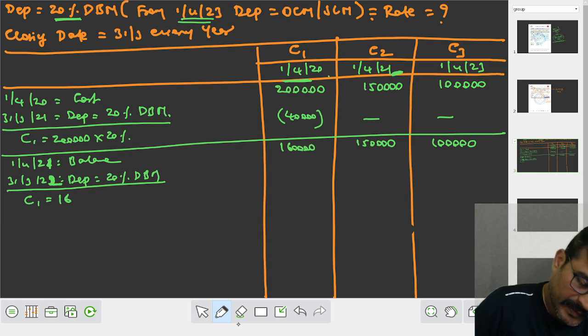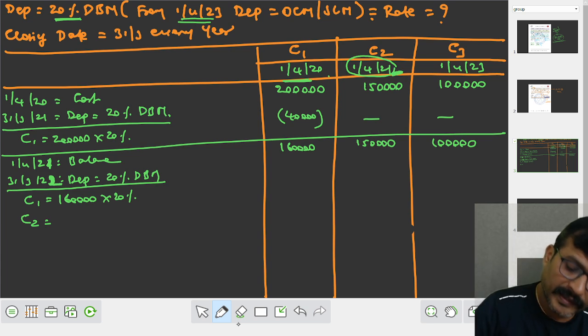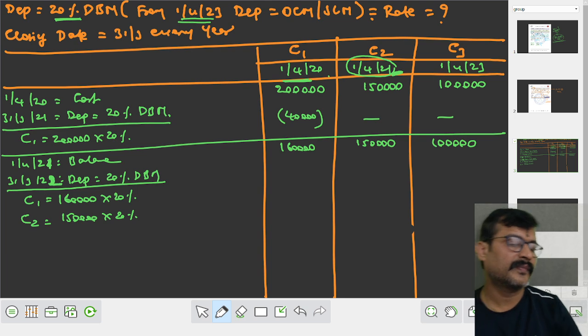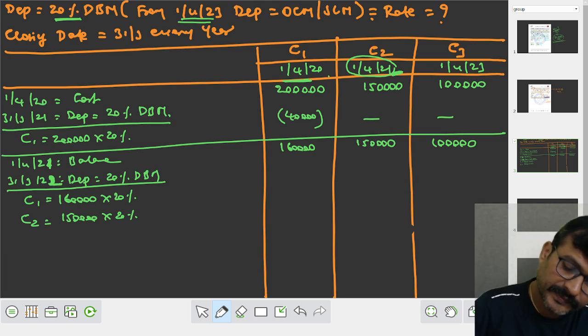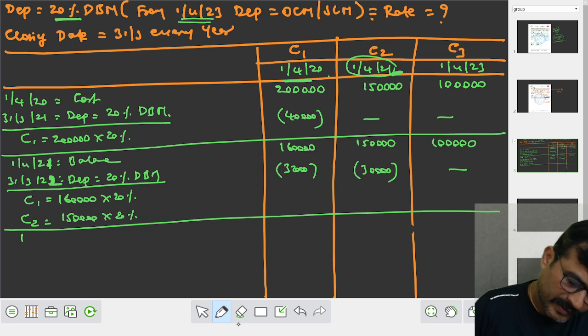DBM, right? 1,60,000 into 20%. C2 is purchased on when? April 21, means full 1 year. That is 1,50,000 into 20%. How much are we getting? 32,000, 30,000.